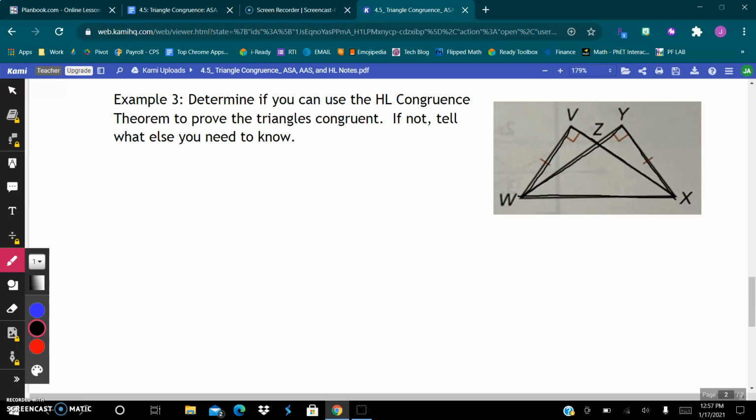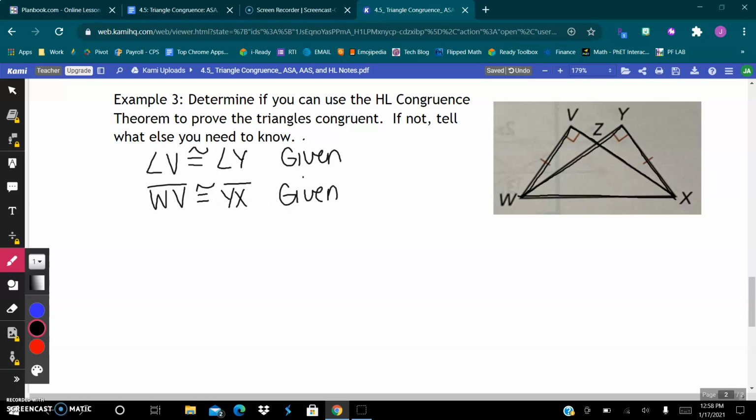It's given that angle V is congruent to angle Y. That's showing that those are right angles. And it's also shown here that segment WV is congruent to segment YX. So those 2 things are given.